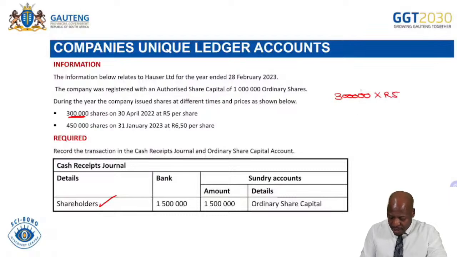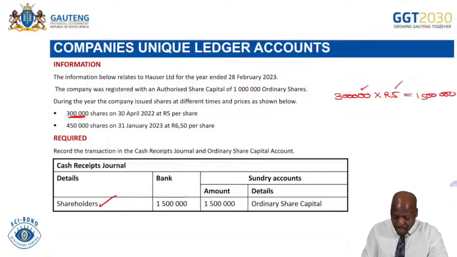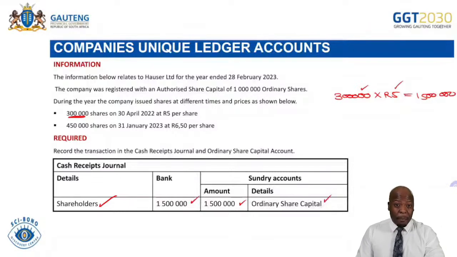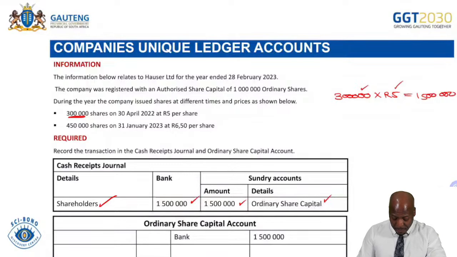If you multiply 300,000 by 5 rand, that gives you 1,500,000. So we come to the bank, it's 1.5 million, then in our sundry accounts, we say ordinary share capital.